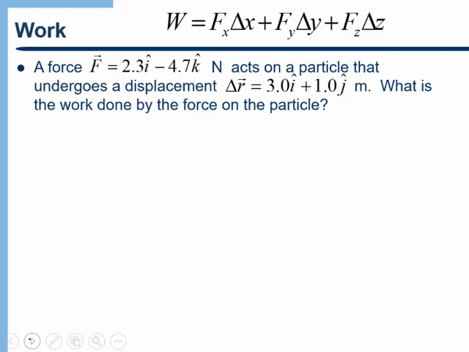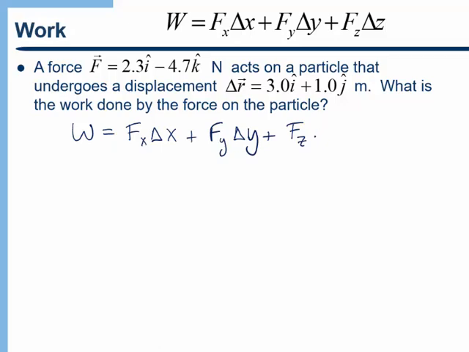Okay, well, in this problem, we can see we've got our force and our displacement written as vectors, and so we definitely want to use this method of finding the scalar product. So we've got our x components, our y components, and our z components.